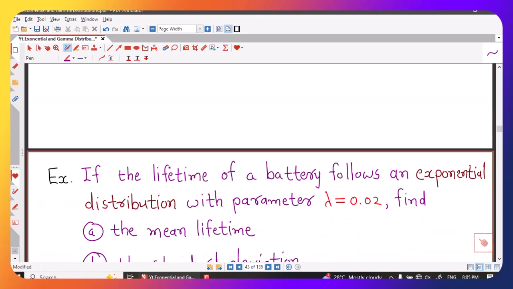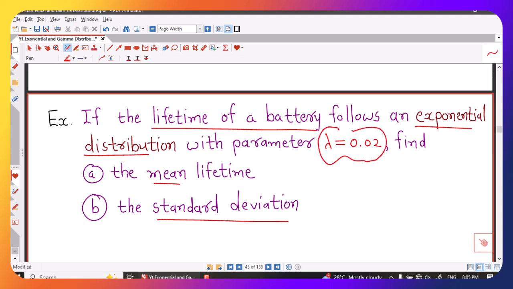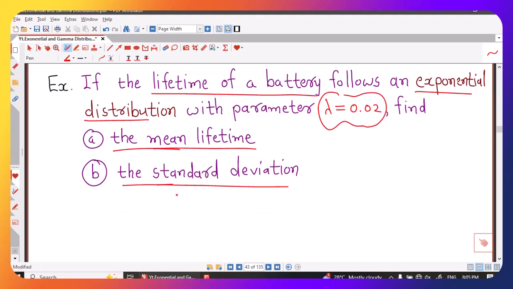And this is another example which is very easy. They have asked us to write down the mean and standard deviation. It is given that the lifetime of a battery follows an exponential distribution with rate parameter lambda equal to 0.02, and you have to calculate the mean lifetime and the standard deviation. So here first we can write down that capital X is nothing but the lifetime of a battery.